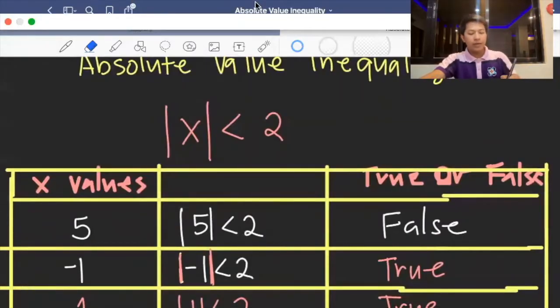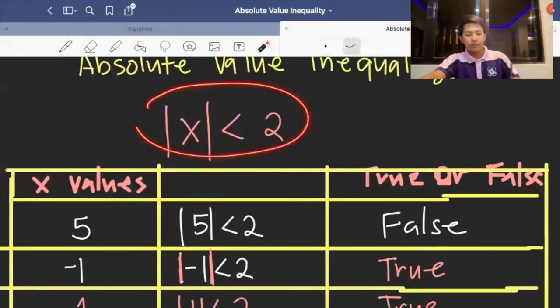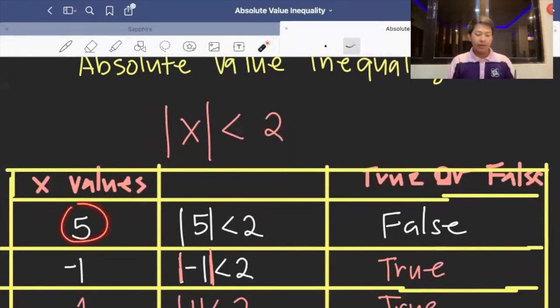If, for example, x is equal to 5, then we say that the absolute value of 5 is less than 2. Is that true or false? That is false, right? It means 5 is not part of our solution set.